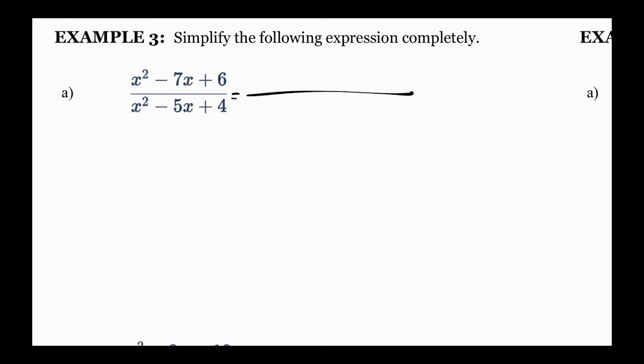Okay, so the top doesn't have a GCF, right? The bottom doesn't have a GCF. There is no number that I can divide them all by, so I skipped that step. So the top, A is 1, B is -7, C is 6.